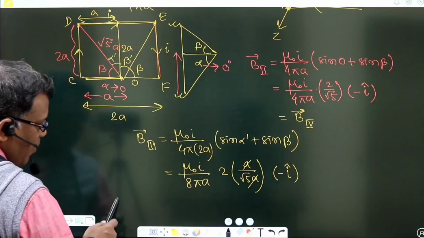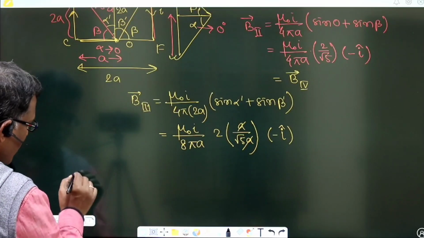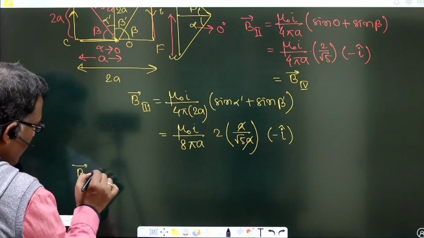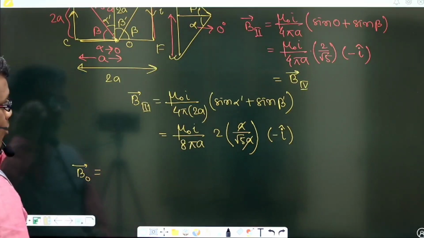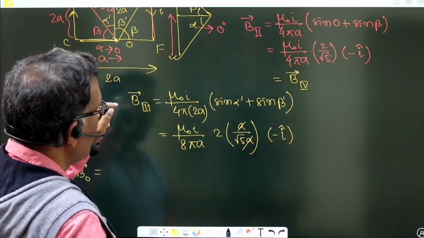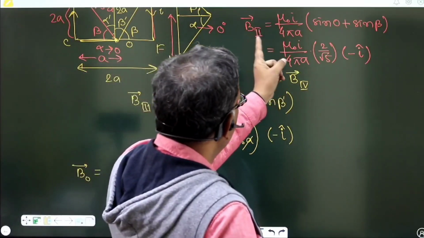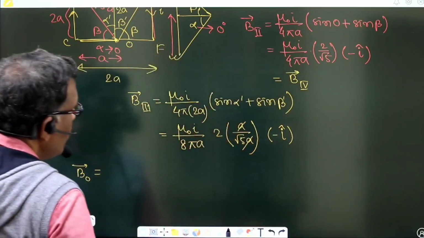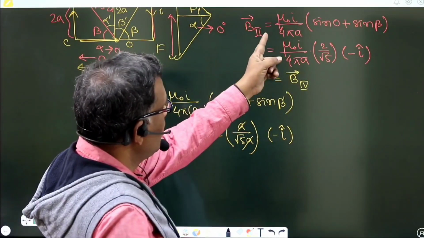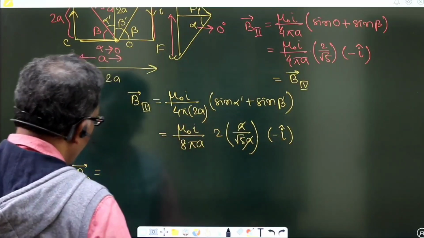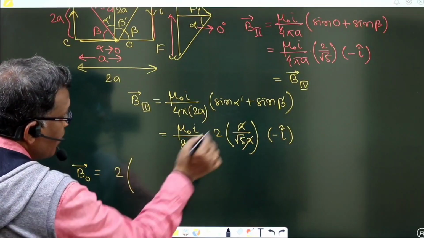So the net magnetic field at O will be the sum of all this. B2, B3 and B4 are all the same in direction. B2 and B4 are the same, so I can write twice the value of B2.